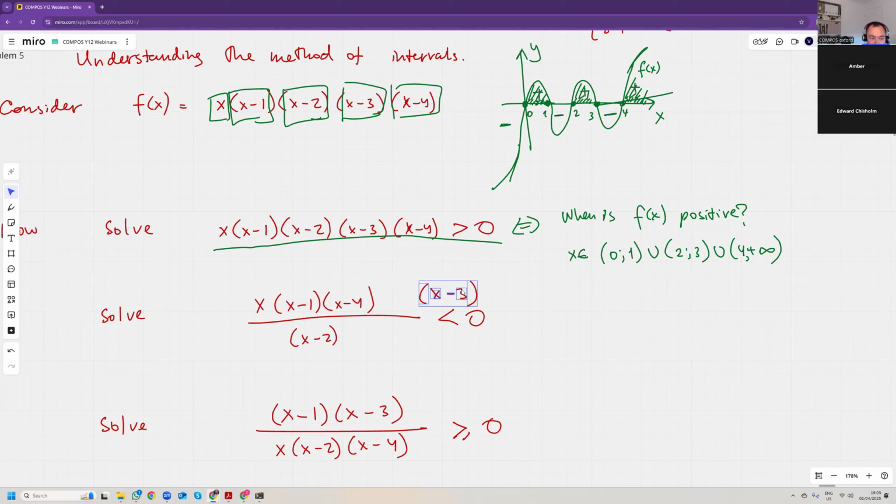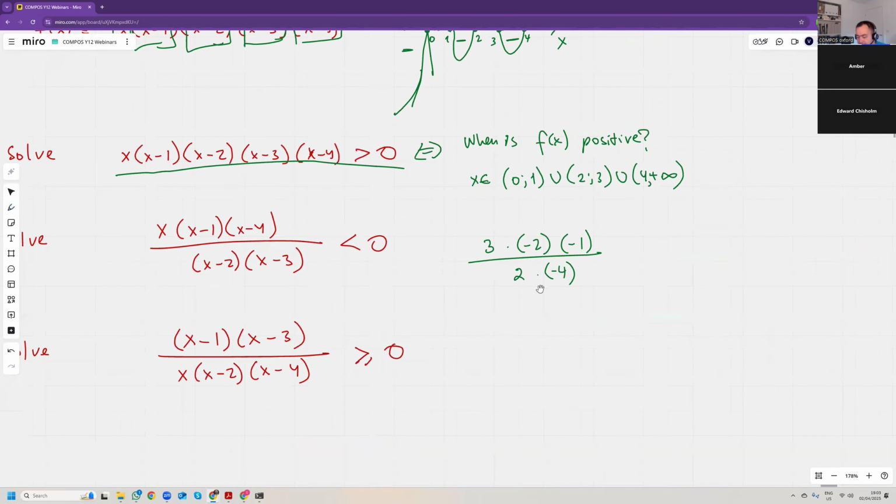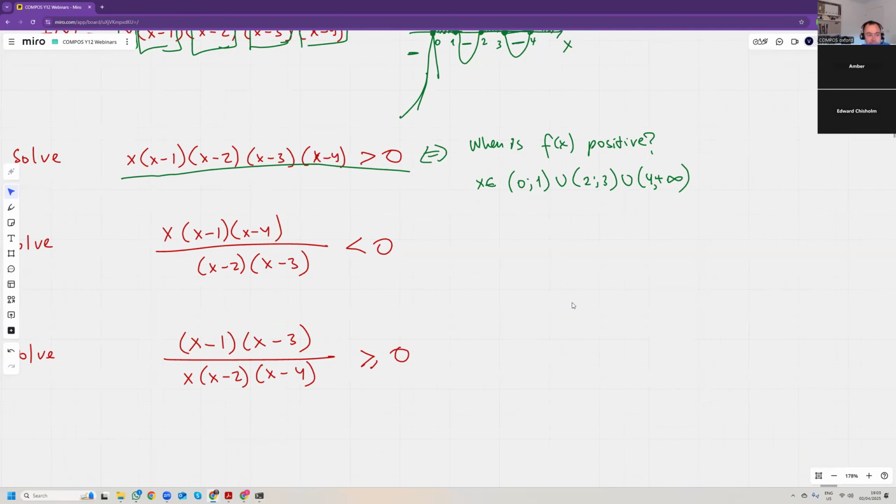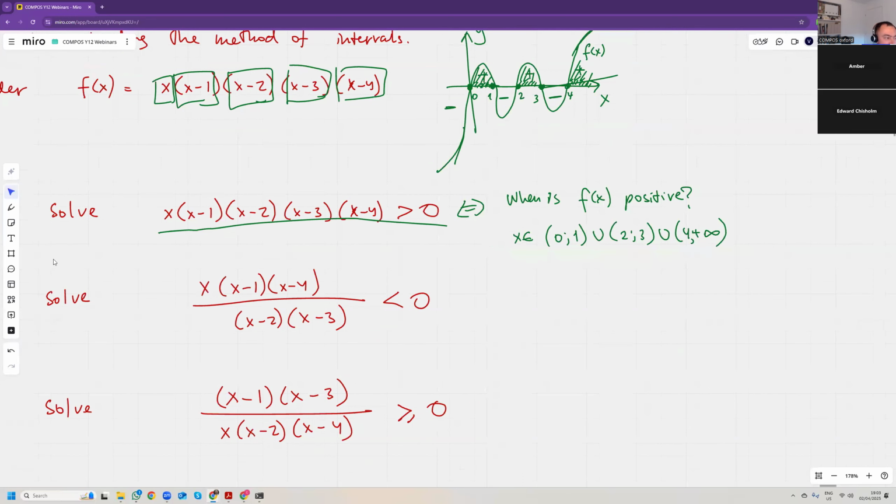Like if this is a positive fraction, moving one of the multiples from top to bottom does not change the sign. You can imagine numbers like 3 multiplied by -2 multiplied by -1 divided by 2 and -4. Moving one of the numbers from top to the bottom side does not change the overall sign of the fraction. So this function, even though it doesn't look like the previous function, has the same intervals.